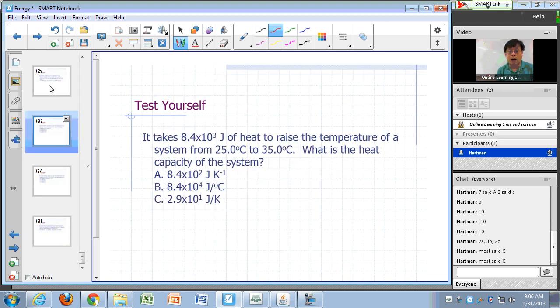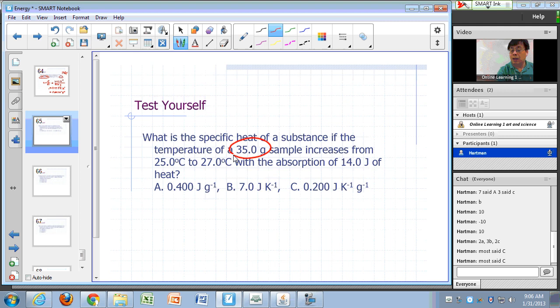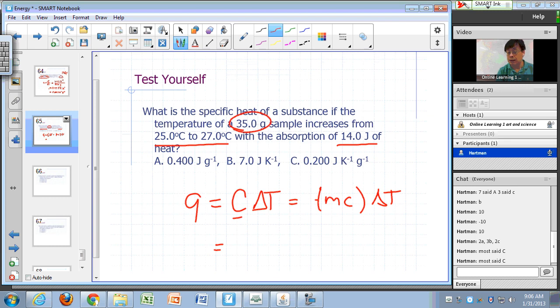What's the specific heat if the temperature of a 35-gram sample increases from 25 to 27 degrees with the absorption of 14 joules of heat? So what's the formula we have to use here? Q equals mass times specific heat times delta T. What's our mass? 35.0 grams.